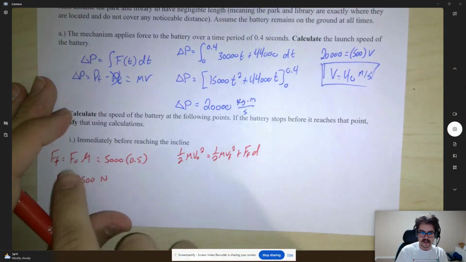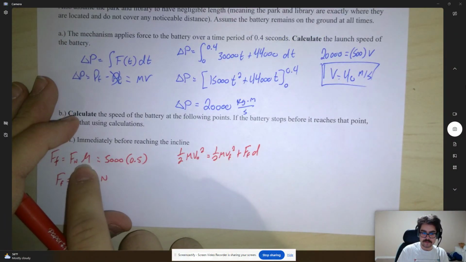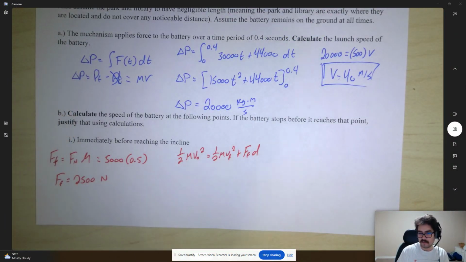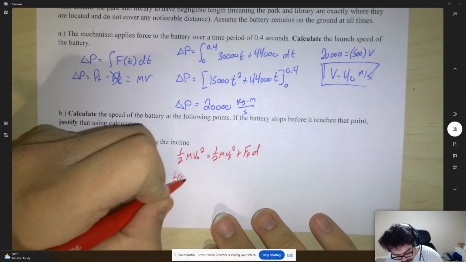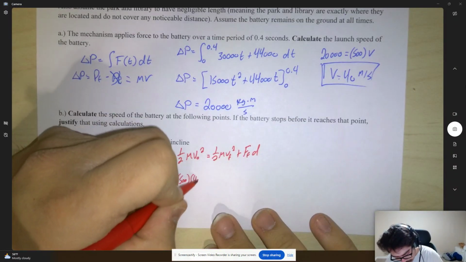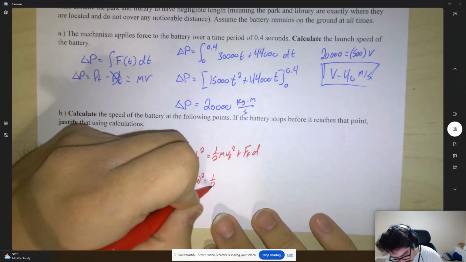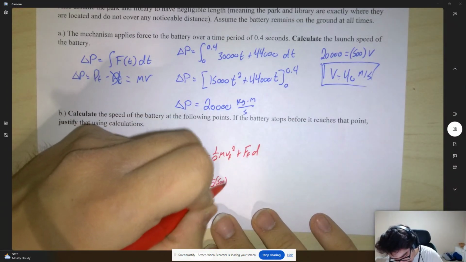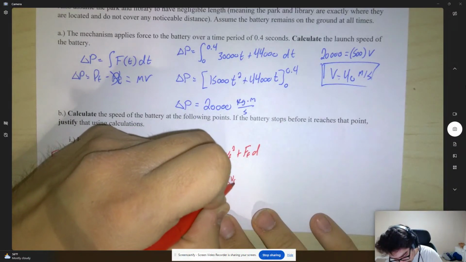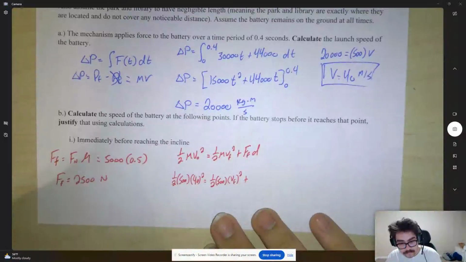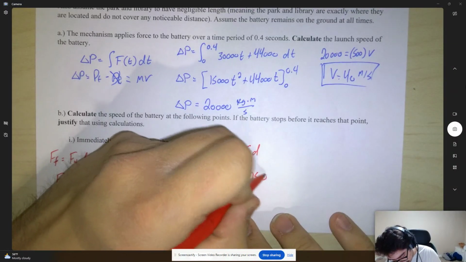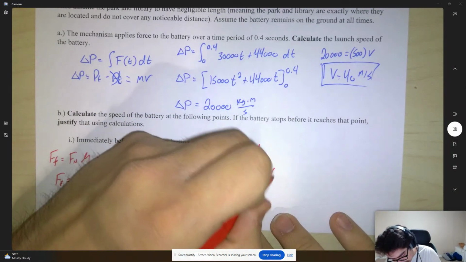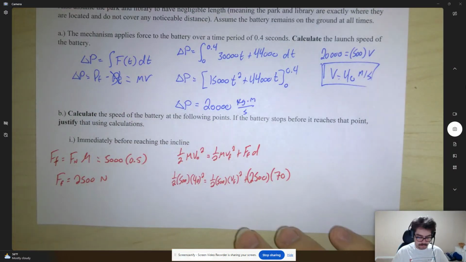You could plug in, because if this is mu mg, then you could cancel out your m's and make it maybe a little bit easier, but I just prefer to do all this. 1/2 times 500 times 40 squared equals 1/2 times 500 times v final squared, which I don't know yet, plus the force of friction, 2,500, and I know the distance it acts is 70 meters. That's just before it hits the incline.